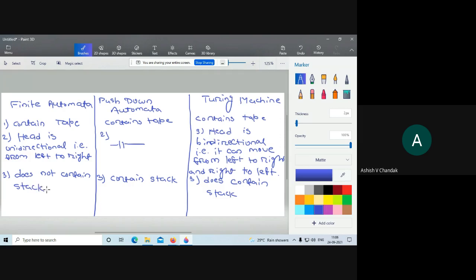Are you writing? There are some more differences. Are you writing or should I erase? Sir, is there a stack in Turing machine or not? No, there is no stack. It does not contain a stack. Sorry, I forgot to write.